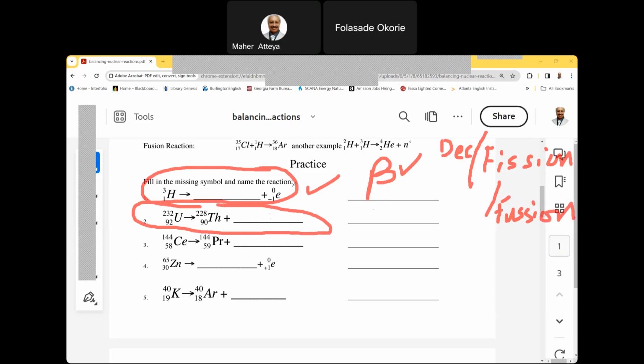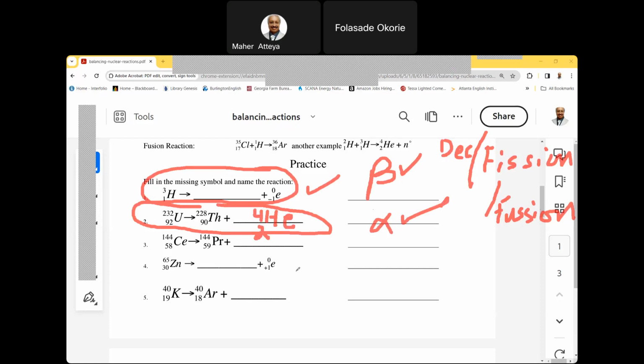Number 2. I'll help you a little bit. That's correct. Alpha decay. How about the next one? Number 3.